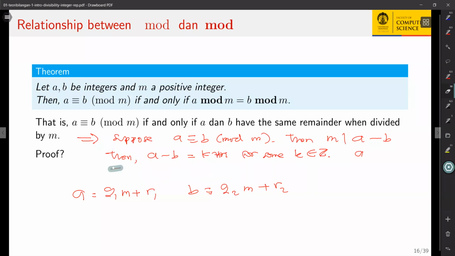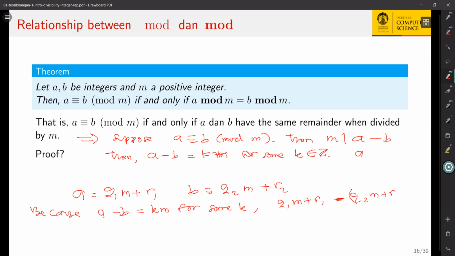Now that means, because A minus B is equal to K times M for some K, you have that Q1M plus R1 minus Q2M plus R2 is K times M, right?